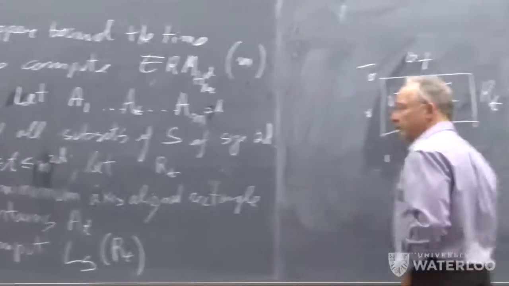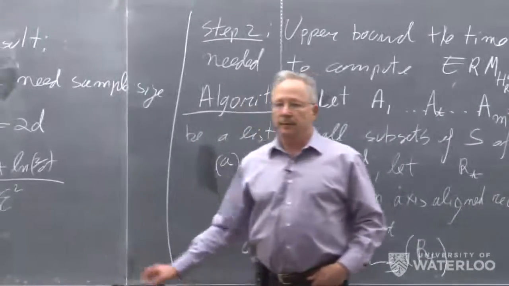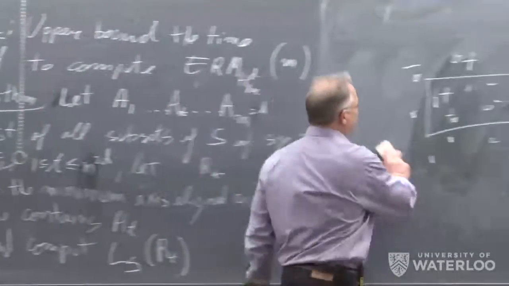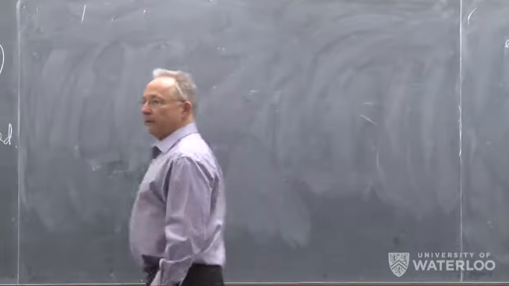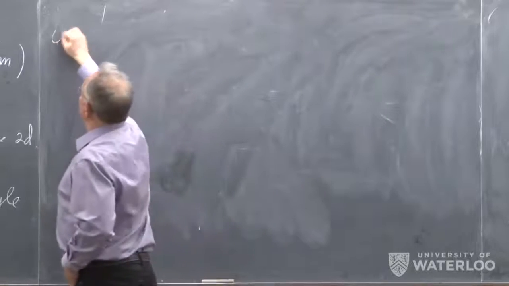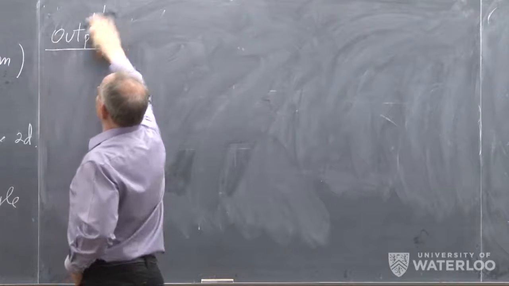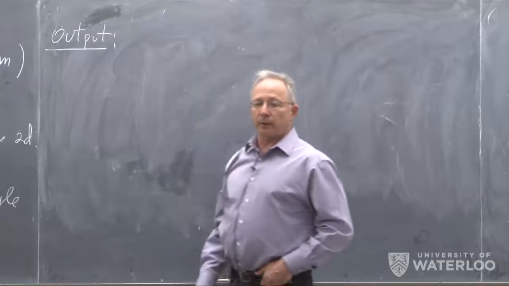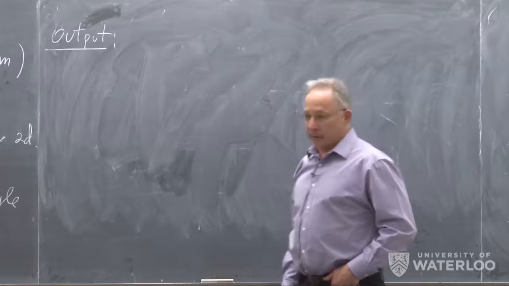And finally, what would the output be? So I run this for all the rectangles. And now, what do I output? I'm trying to find the ERM rectangle. So what should I output? Yes? The one that has the smallest error.